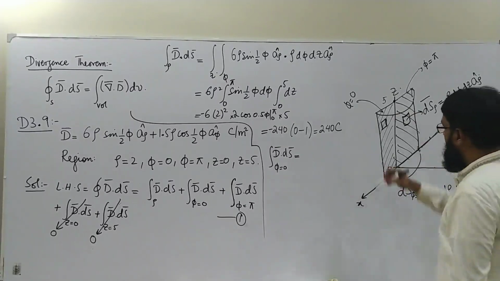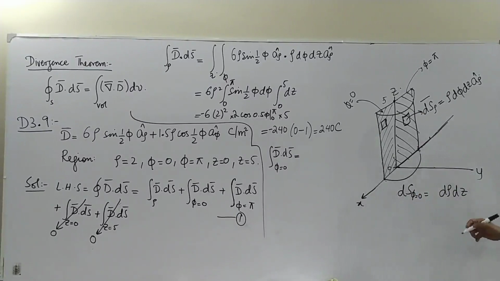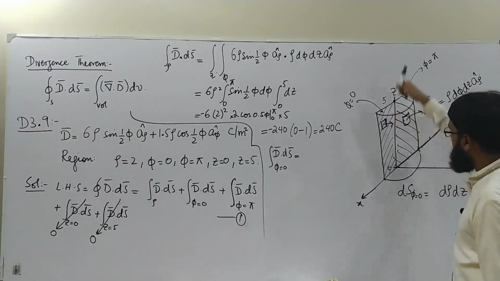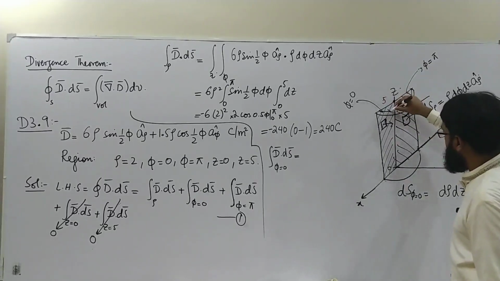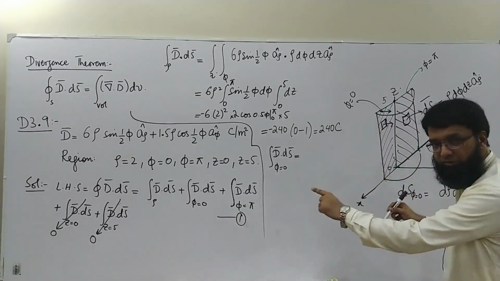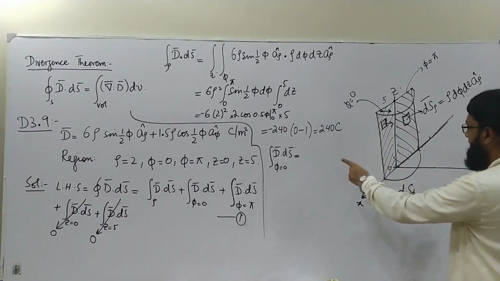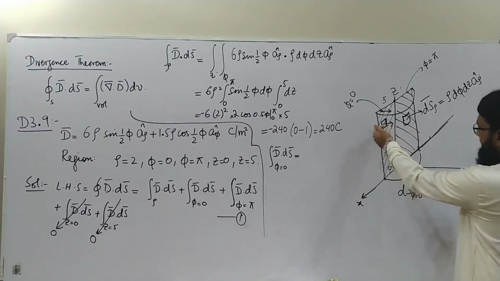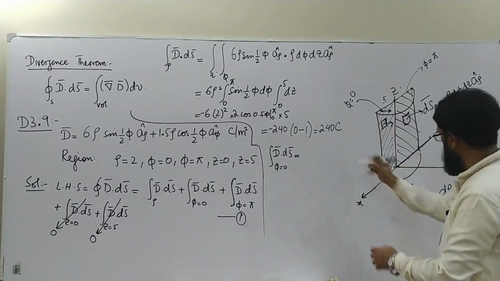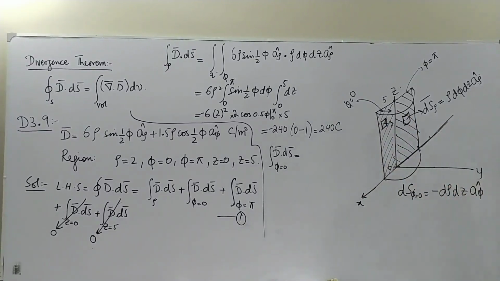How about the direction? Direction should be a phi. If you see it from top, a phi is in this direction, which is pointing into the volume, contrary to our convention. So we should take the direction which is perpendicular to this patch and pointing out of the volume, so minus.